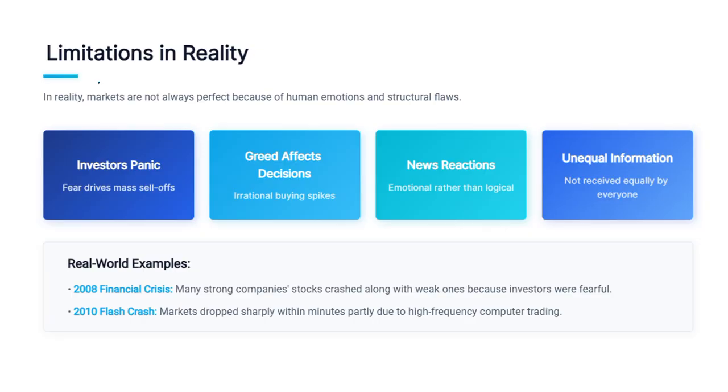However, in reality, these theories also have limitations, as markets are not always perfect because of human emotions and structural flaws. First, new information is not available to everyone at the same time.